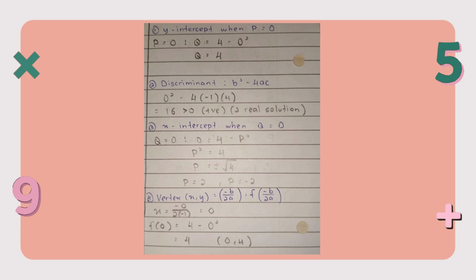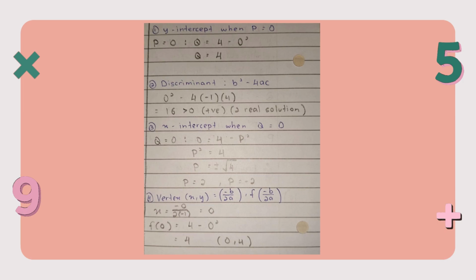Next, we are going to find the x-intercept. If the discriminant is positive or 0, then we proceed to find the x-intercept. We get the answer p equals 2 and p equals -2. For the vertex, we know that it is a maximum as we identified from a less than 0 just now.